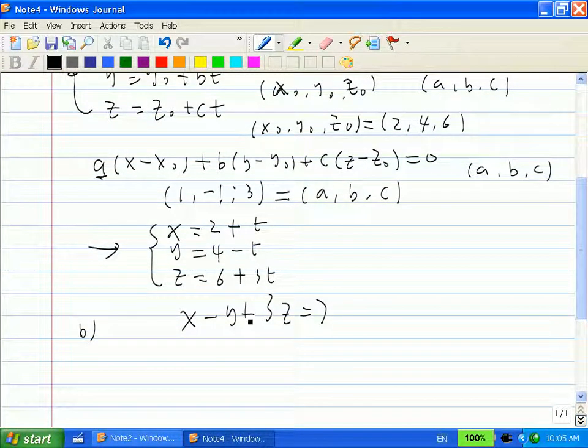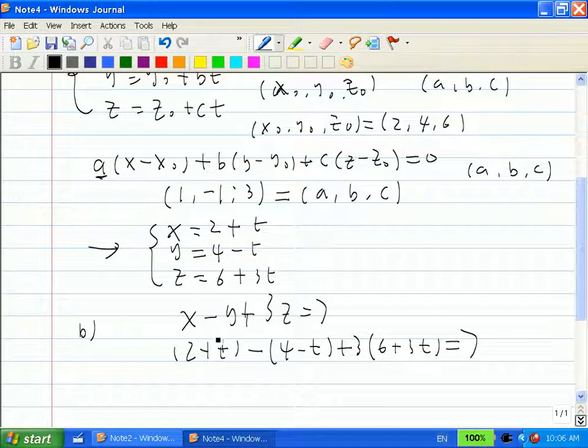So we replace x by 2 plus t, replace y by 4 minus t, and replace z by 6 plus 3t, and set it equal to 7. By doing so, we're looking for the point that satisfies both the equation of the line and the equation of the plane.